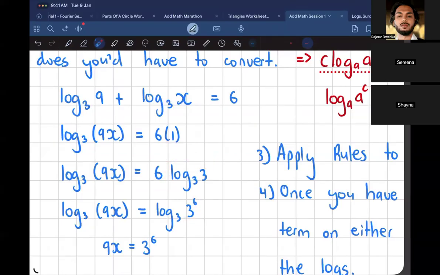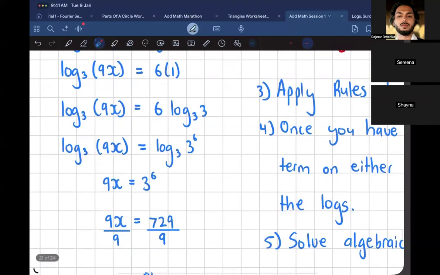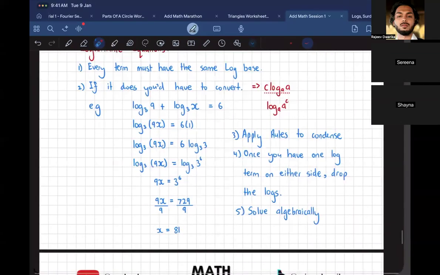Do I have one log term on either side? Yes. Are they the same base? Yes. Once it's the same base, you can drop the logs and then solve algebraically. Smooth sailing from there.